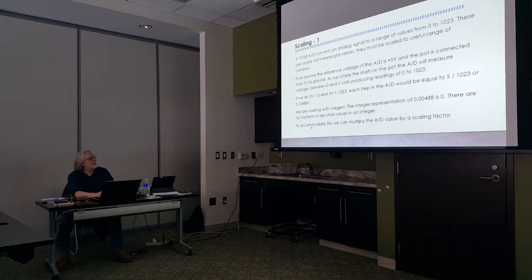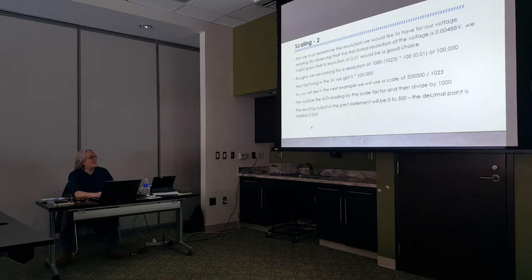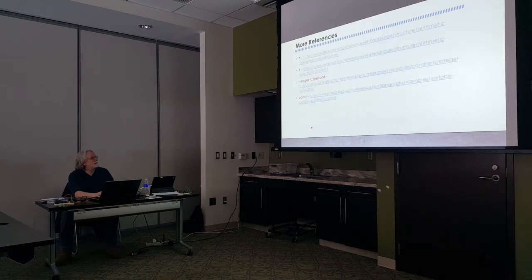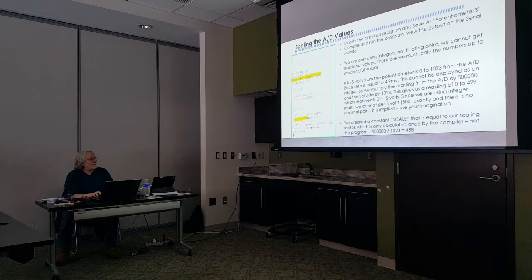So we got a 10-bit A to D, which means you got 0 to 1023, and those are totally worthless numbers when you're trying to measure voltage. So you have to scale it. Because we're doing things in integers, if you divide 5 by 1023, you're going to get a 0. You're not going to get a .00 something, you're going to get a 0.